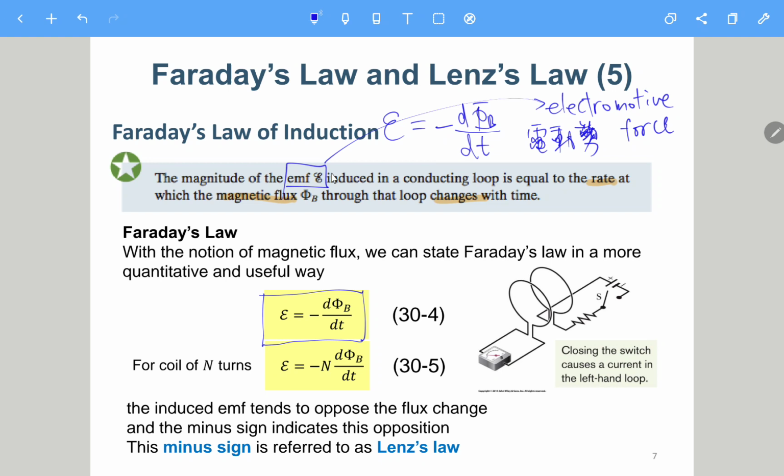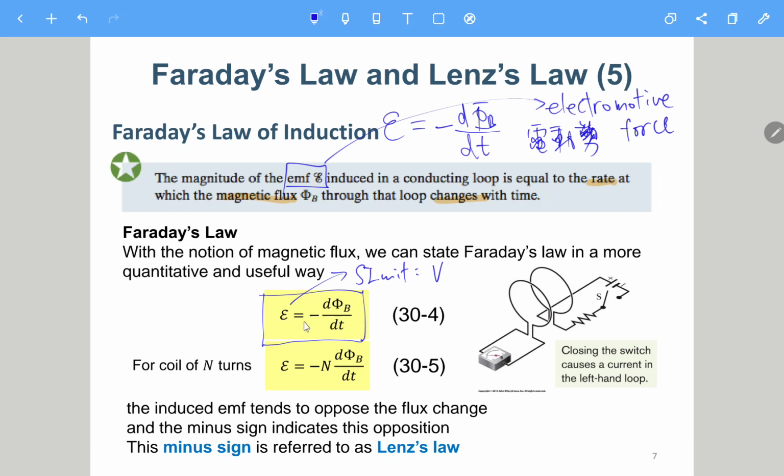Later on you will know what it is, but it has an SI unit of volt, like electric potential. But actually, it's not electric potential. It's difficult to explain, so just try to accept that it is electromotive force, which is equal to the negative of the derivative of the magnetic flux with respect to time.